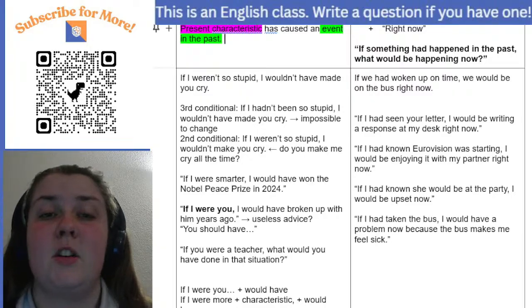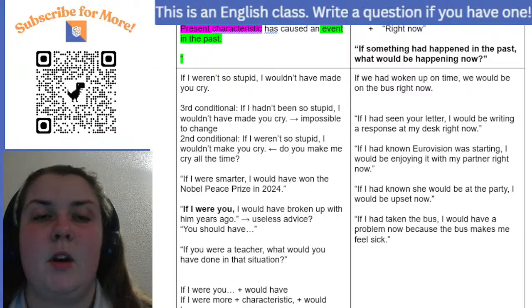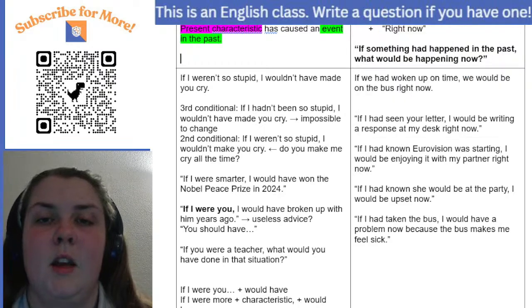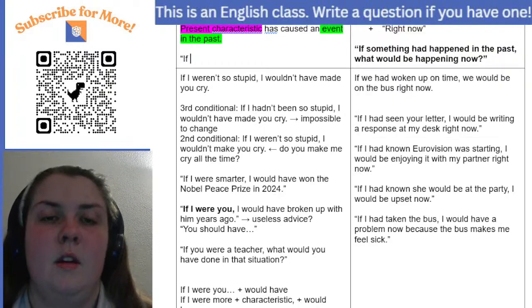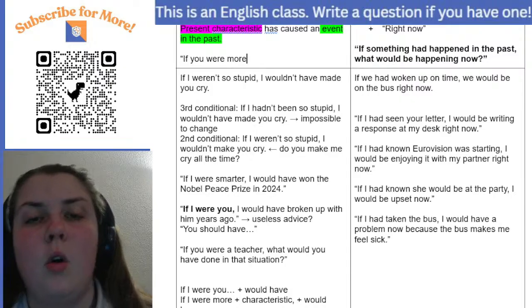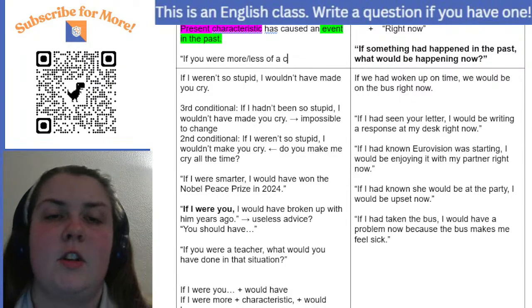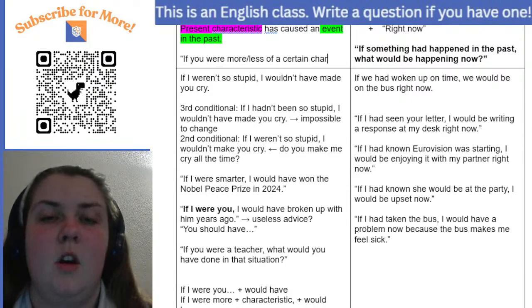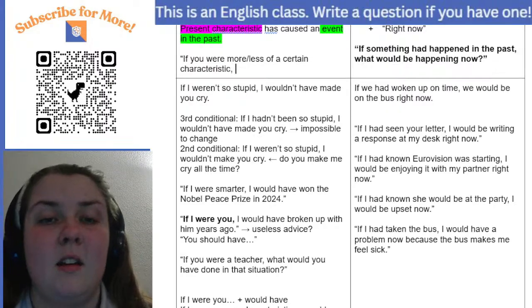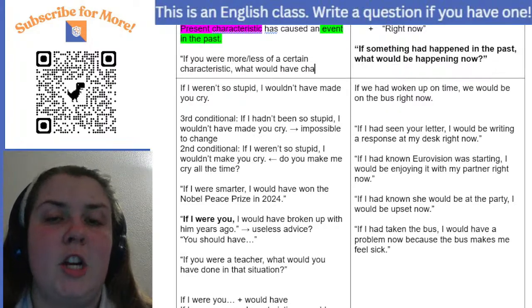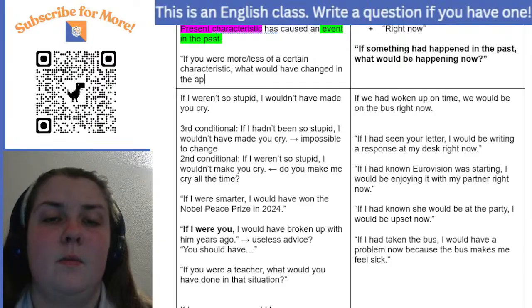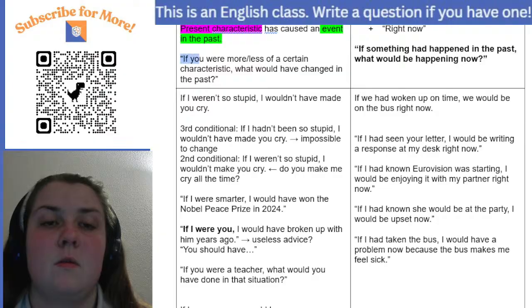Whereas the mixed conditional number one says something quite different. It says, if you were more or less of a certain characteristic, or if you were me, what would have changed in the past? It's quite curious, the difference between these two mixed conditionals.